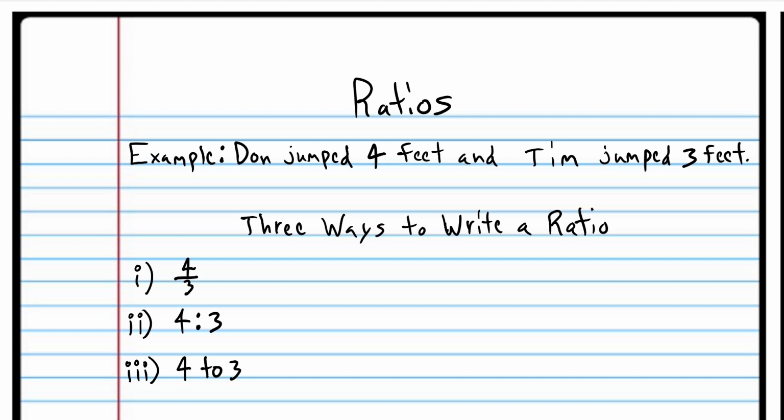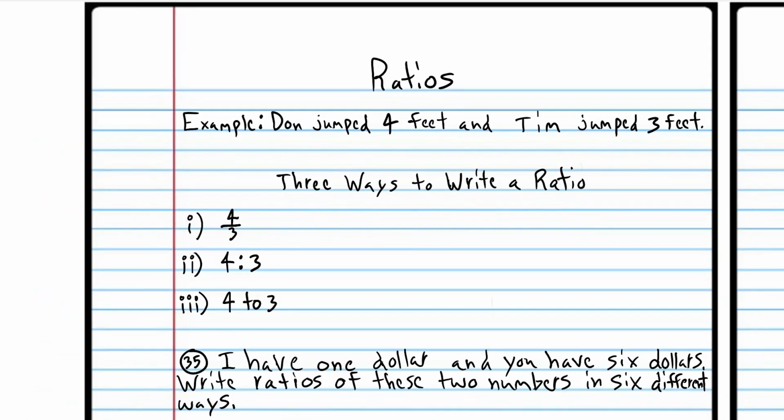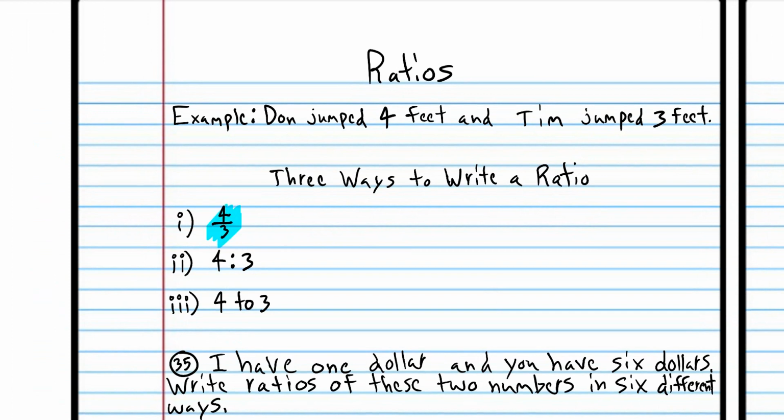So a ratio is a relation between two numbers. For example, Don jumped 4 feet, and Tim jumped 3 feet. There are 3 ways to make a relation with these two numbers. These are all examples of ratios. You can write it as a fraction, you can write it with a colon, or you can write it with the word "to." So you can say 4 over 3, or 4:3, or 4 to 3.